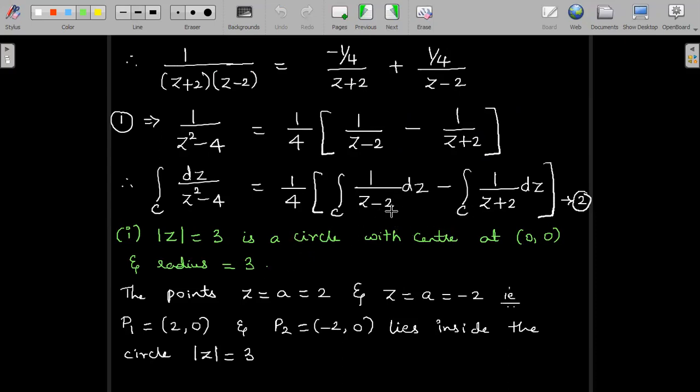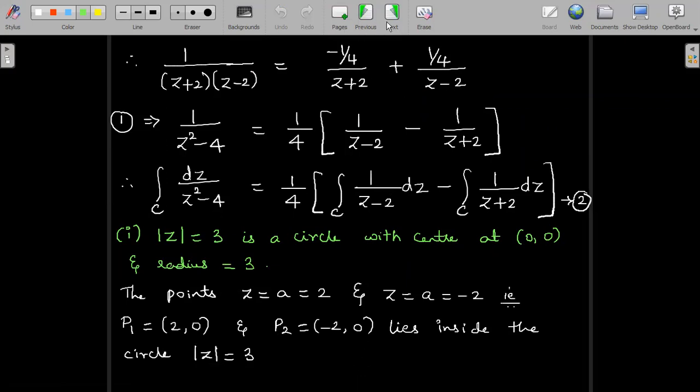If there are complex values, then it will not be so easy to recognize directly; we cannot make a comparison easily by observation. At least when real values are existing, we can do that. So that is how we can recognize that the points lie inside the circle.